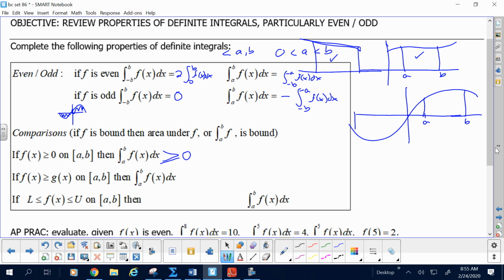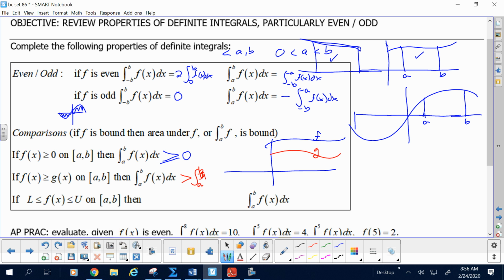Likewise, if the curve f is above the curve g, then the area under f must be greater than the area under g.